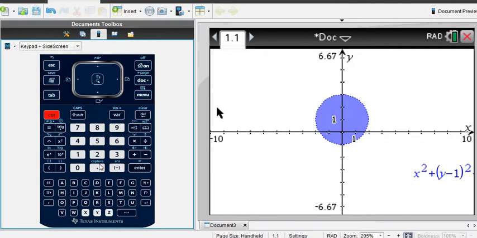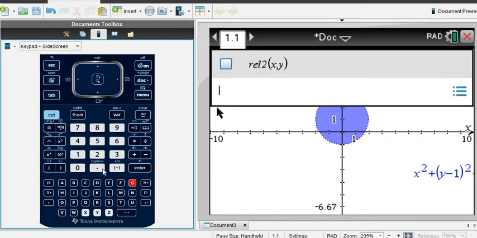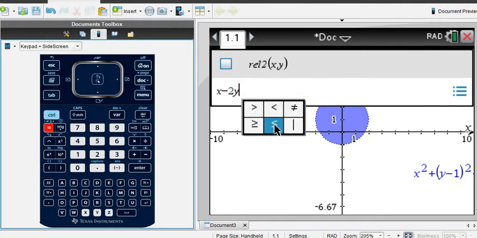And then I'm going to hit Control and G again, and I'm going to type in the second one, which is x minus 2y is less than or equal to -4. So this was just the second one that I had on my paper.